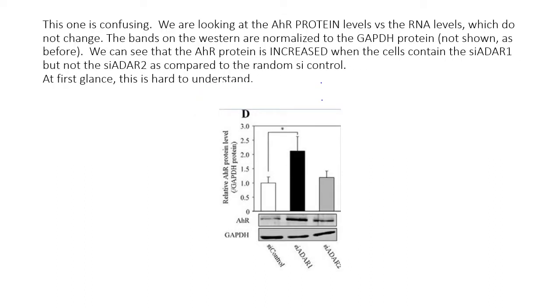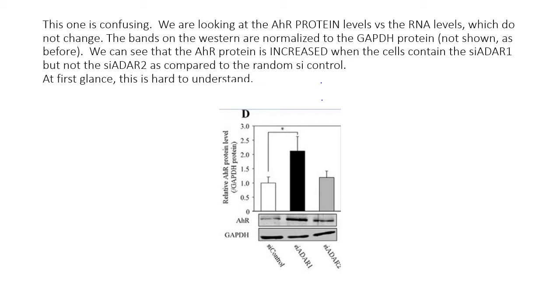Okay, here's where it gets interesting, or a little bit confusing. We already learned that the AHR RNA hasn't changed, but now we're going to look at the effects on protein levels. Again, we start with our silencer control, where this time they show us the amount of protein for the aryl hydrocarbon receptor, and we set that ratio to 1 as a normalizer.